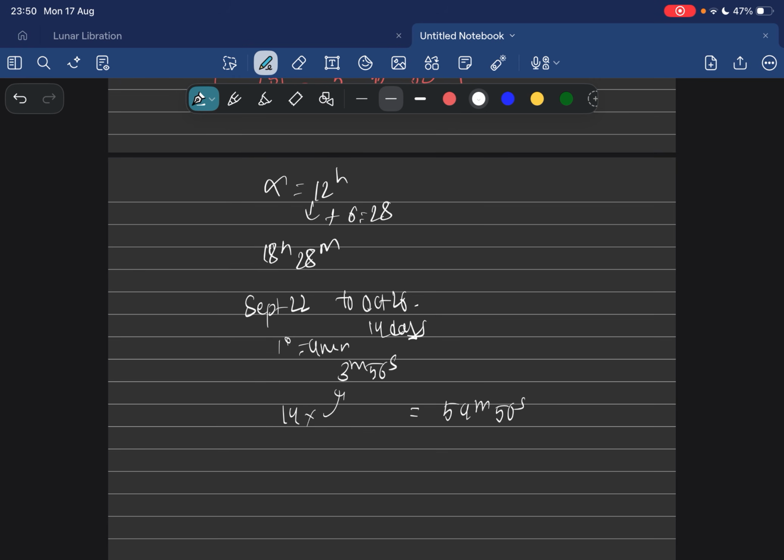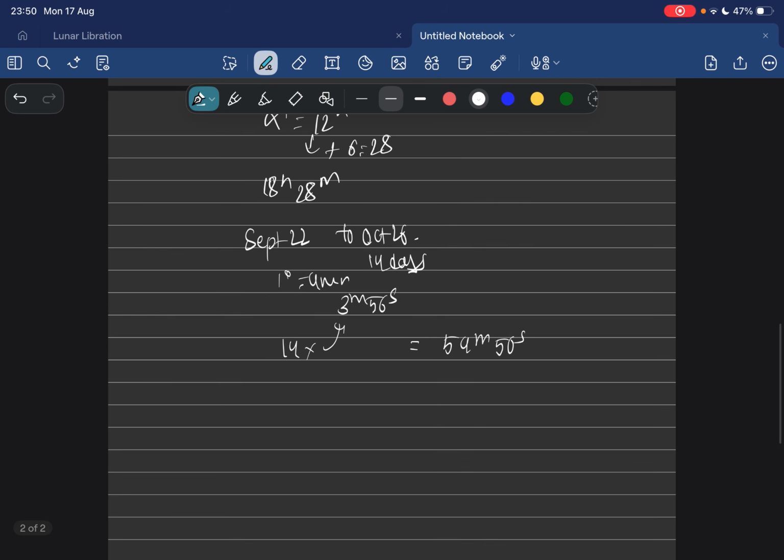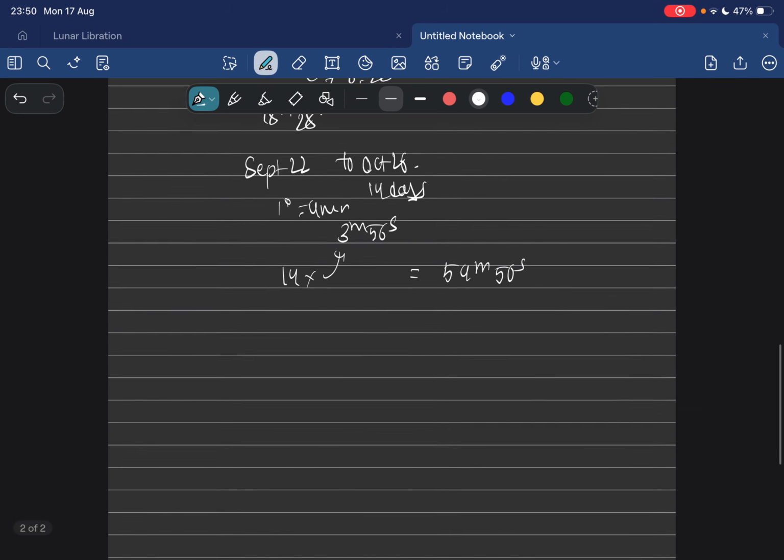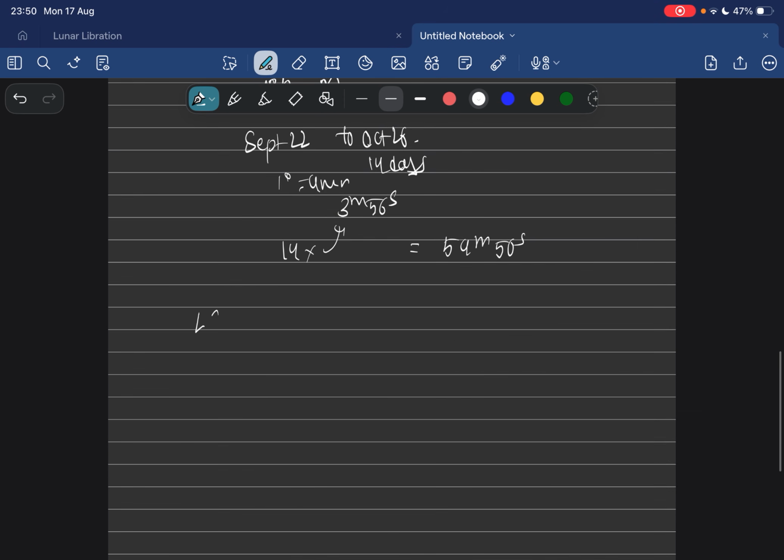Yeah, I suppose this is the answer. LST at 6:28 p.m. on October 6 will be equal to 18 hour 28 minute plus 54 minute 50 seconds. We will get 19 hour 23 minute, something like that.